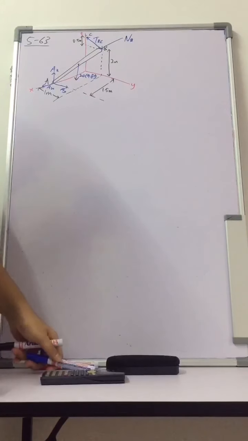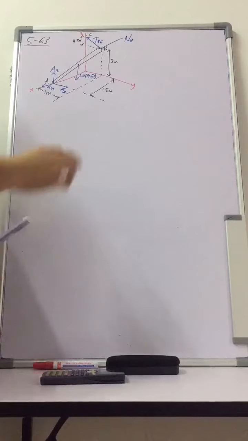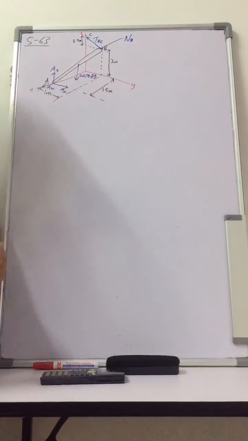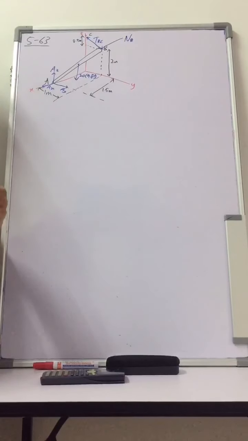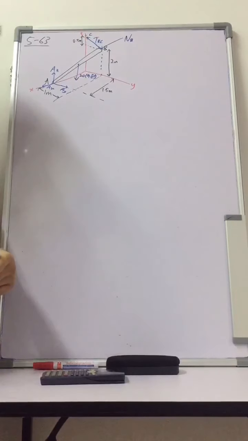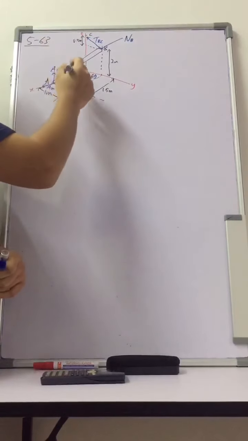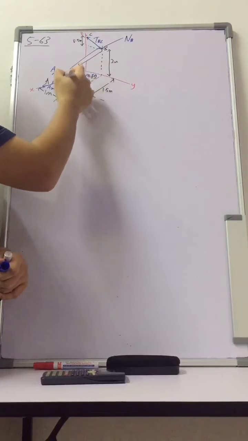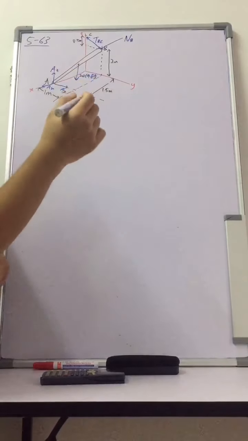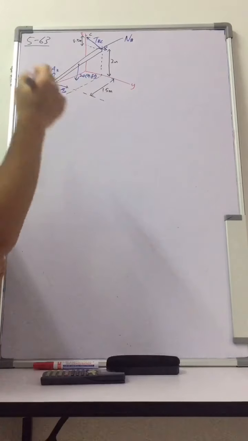What's actually the location of this equivalent load of weight? It will act at the center because it is a uniform bar, so it will be at the center.